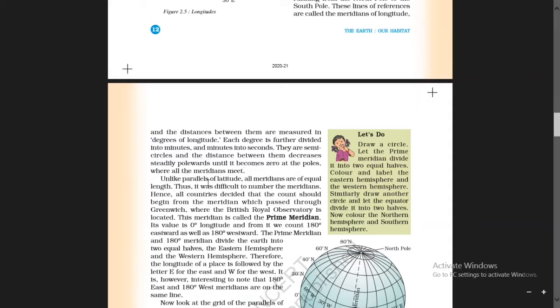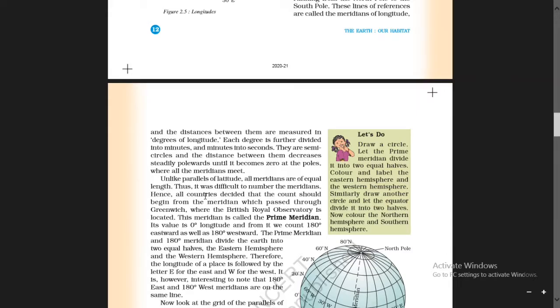Unlike parallels of latitude, all meridians are of equal length. Thus, it was difficult to number the meridians.